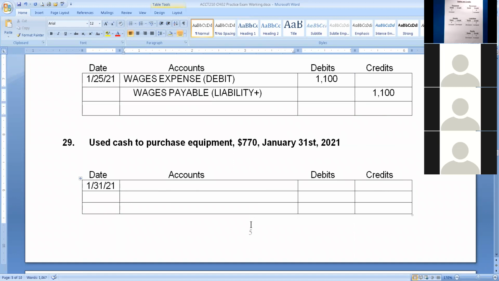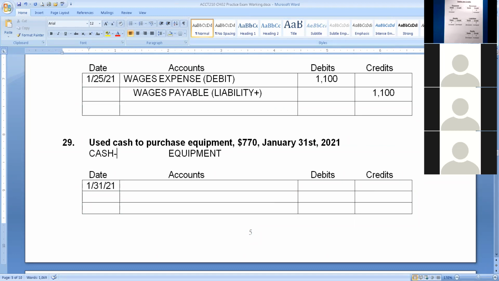Okay, 29, used cash to purchase equipment. Which two accounts? Cash and equipment. Yep, exactly. Cash going up or down? Down.